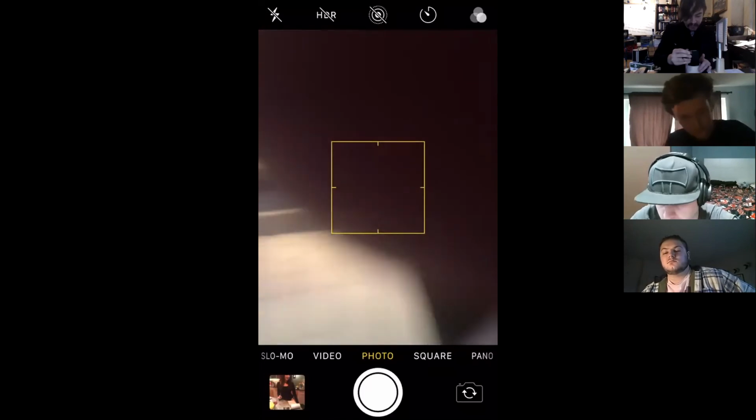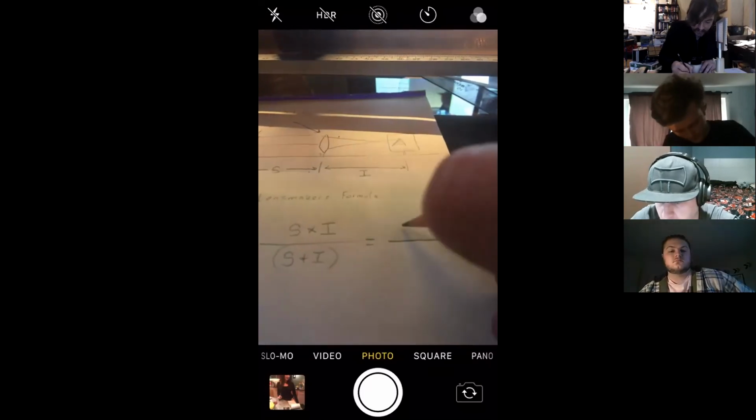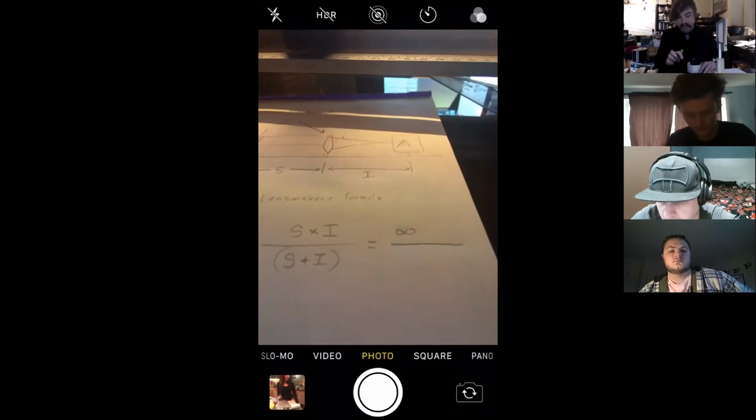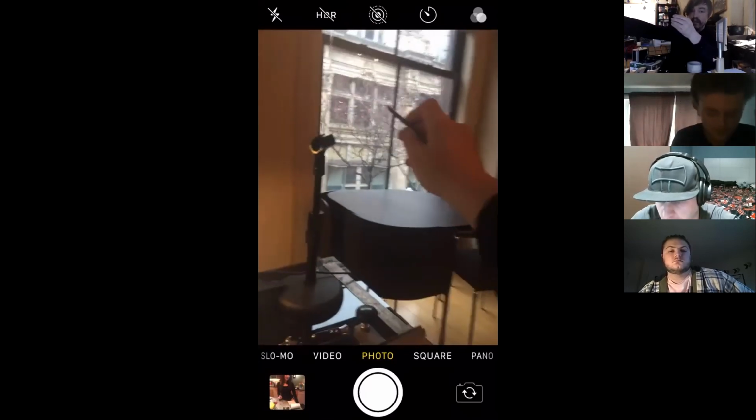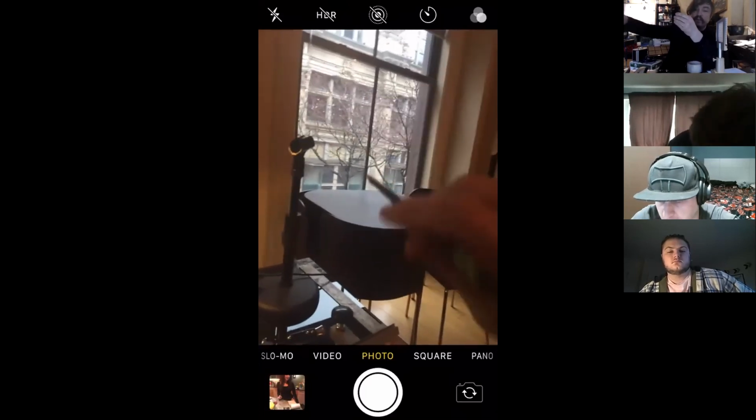Let me use the tape to hold my phone here. If I substitute infinity into the lens maker's formula, obviously the street scene is not actually at infinity. But if you measure the distance to those buildings in centimeters, they are tens of thousands of centimeters away, essentially infinitely greater than the 20 or 10 centimeters of our focal lengths.